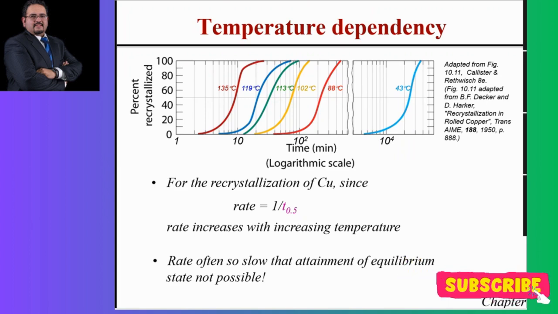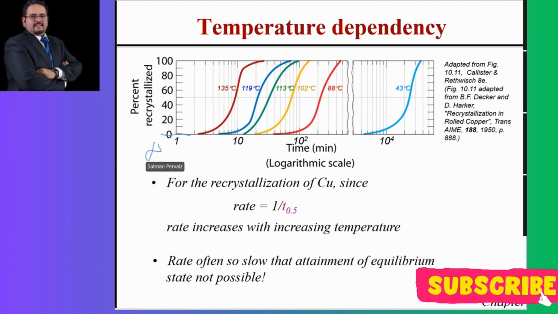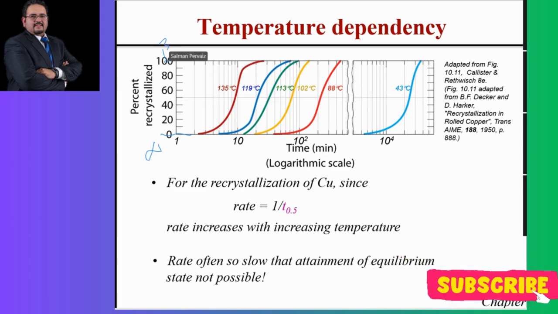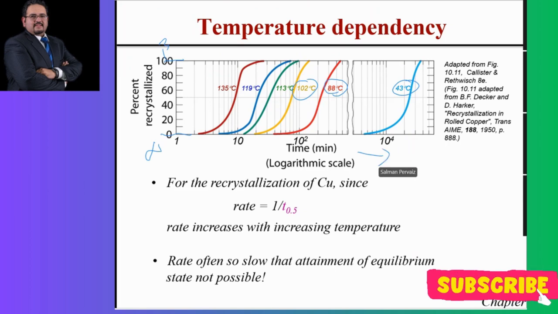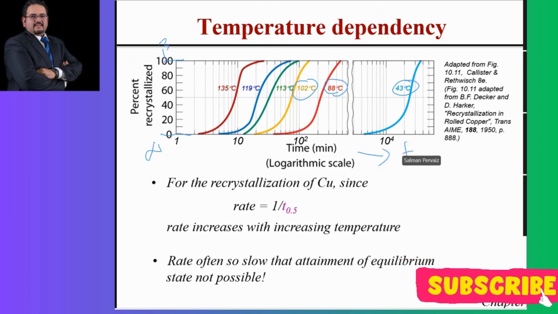You have one phase, alpha, and it changes into beta. With respect to different temperatures, you see different curves, and on this axis you have time: 10 raised to power 4, like 10,000 minutes; this is 10 raised to power 2, 100 minutes; this is 10 minutes; this is 1 minute.